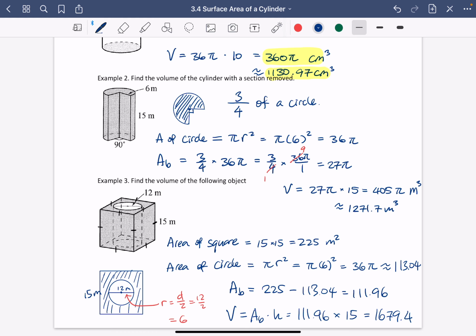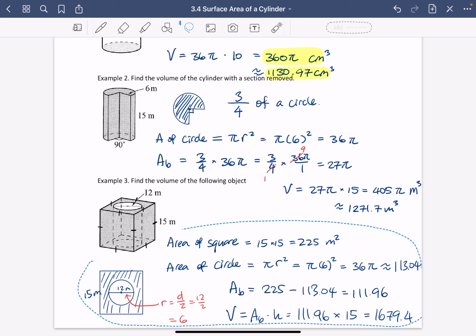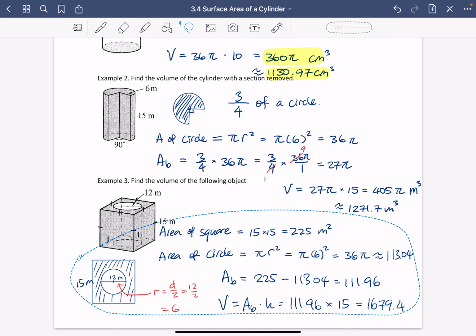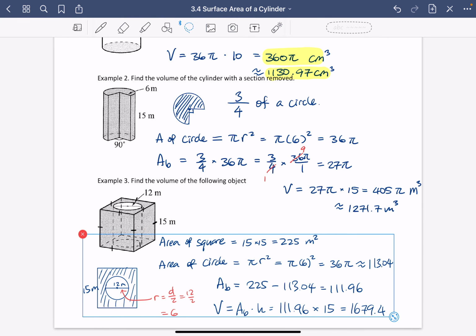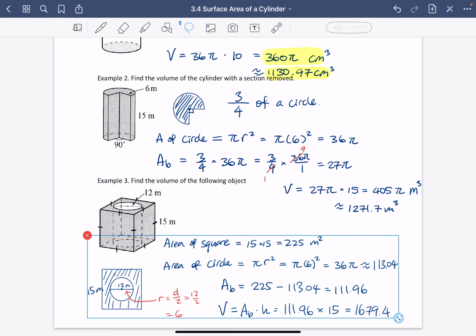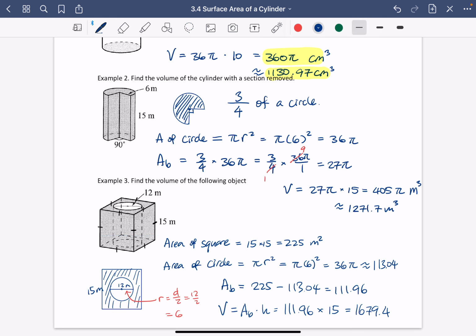And don't forget your unit. I don't have enough space here. I'm going to move these over a little bit and maybe make it a little smaller. Okay, so unit is unit cubed, so meter cubed. Okay, so that's my final answer.